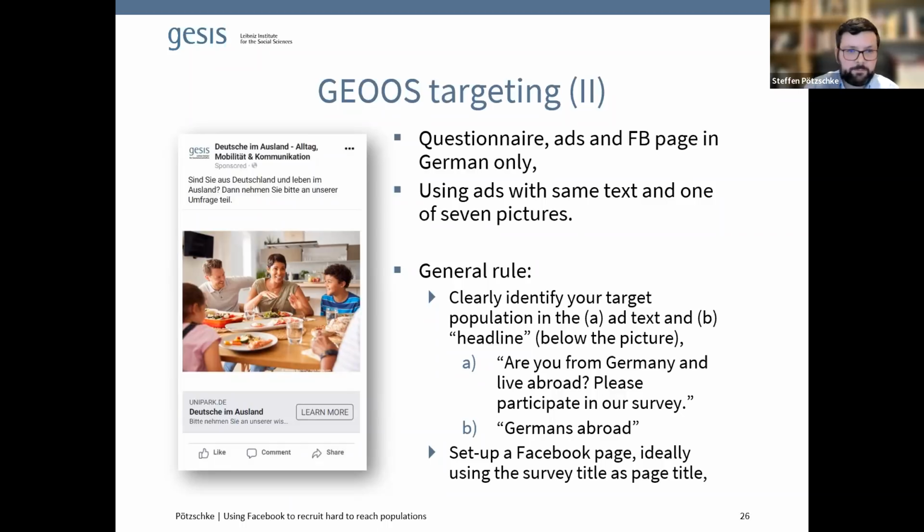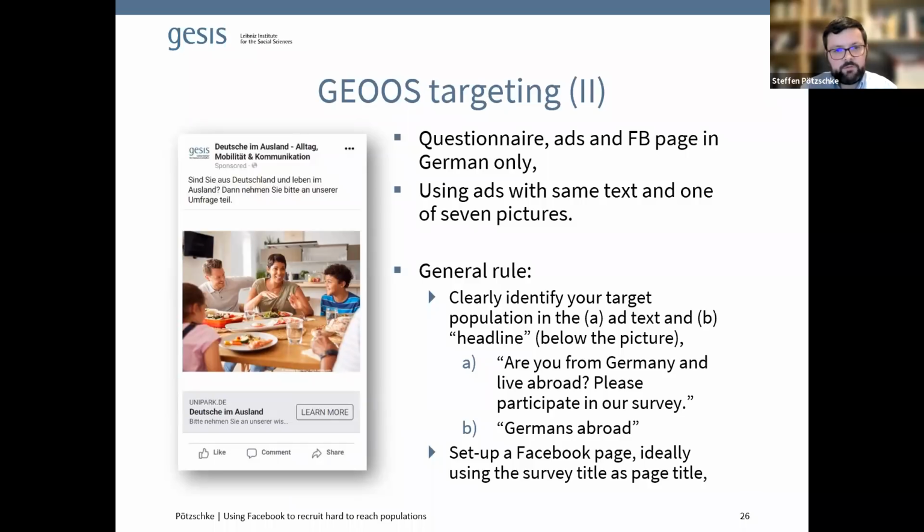So this is the same aspect I just mentioned, that the advertisements could fully be understood only by people who actually are fluent in German, and the assumption being that those people would be more interested in clicking on them. We used the same advertisement text and one of the 7 pictures in all of the advertisements.